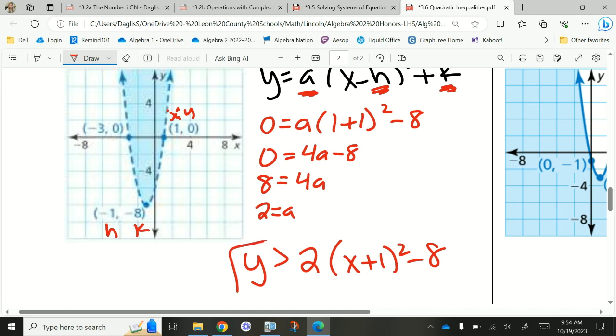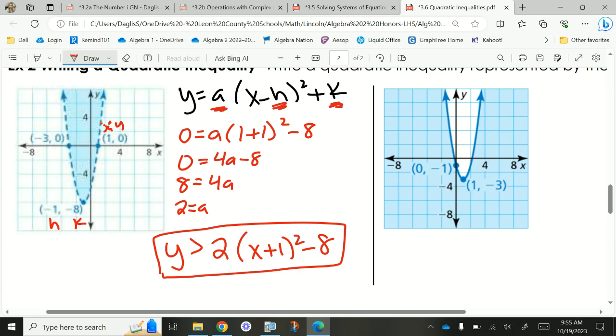So this is my inequality. Think you can try the next one? I bet you can. So you try the next one.